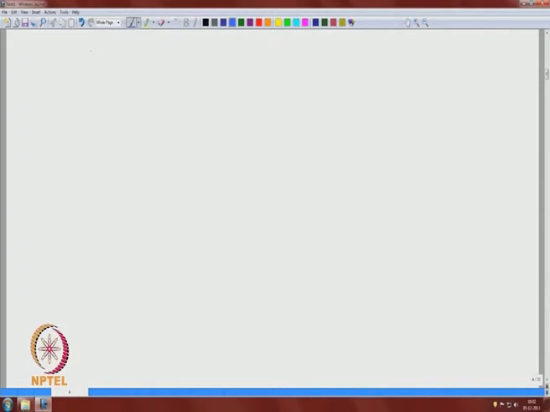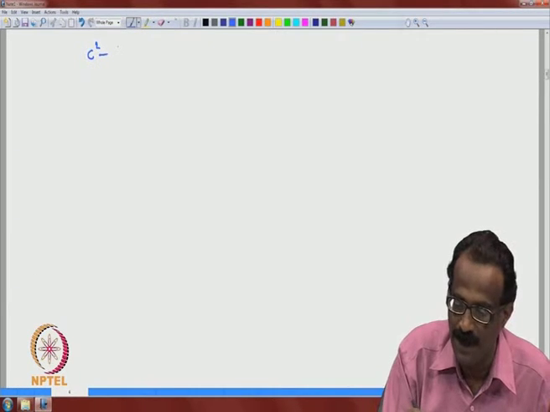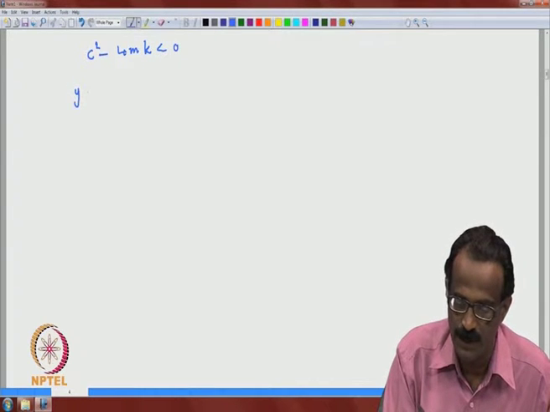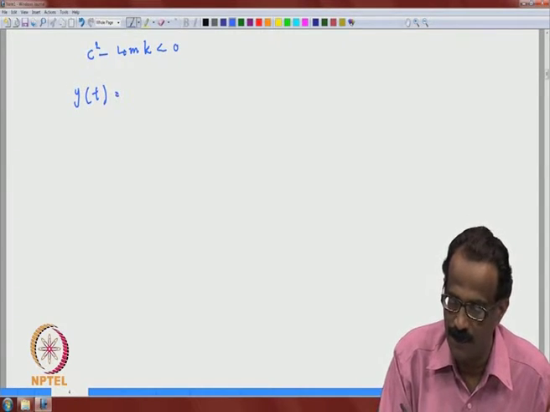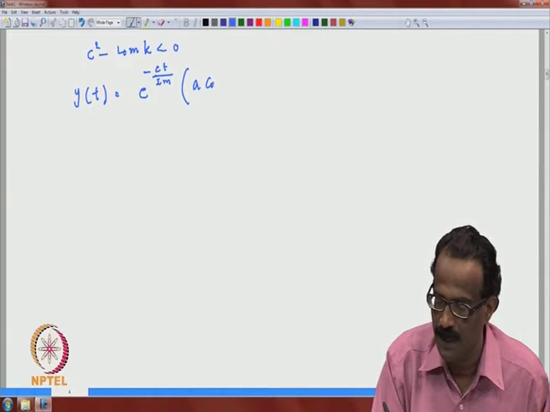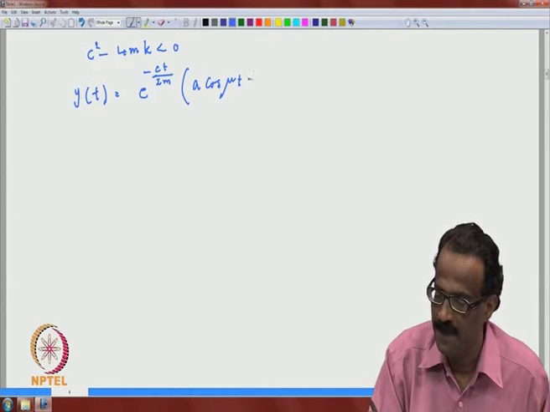So, case c square minus 4 m k is negative. In this case your solution y(t) is equal to e power minus c t by 2 m into a cos mu t plus b sin mu t.